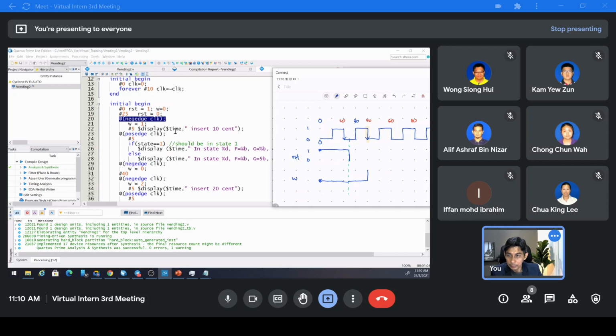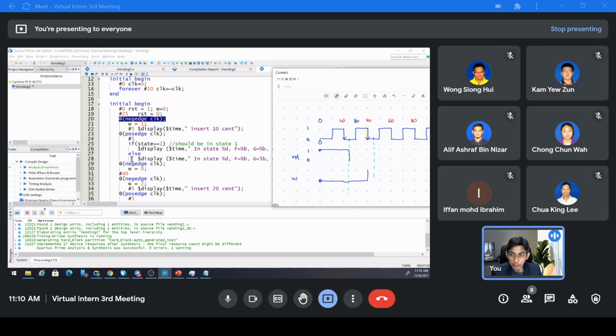Insert 10 cent in the output window. Later on we will see, right? When we input 10 cent at another 5 nanosecond here, it means 45, right? At the 45 here, we want to display insert 10 cent, just to display this to the window.